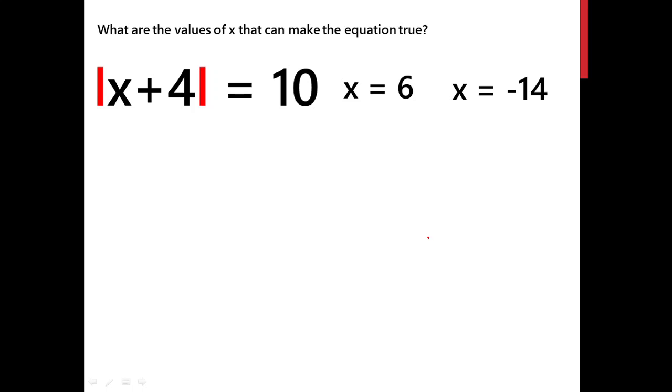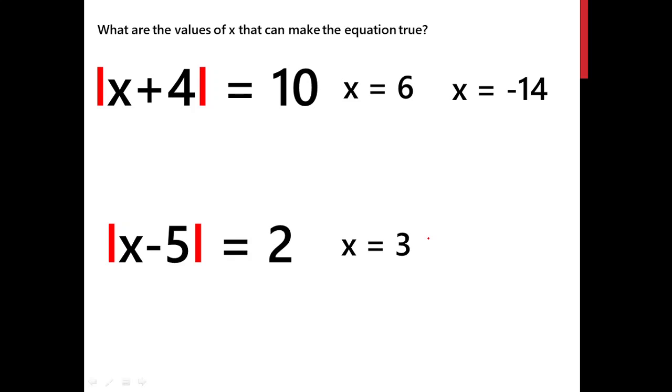Okay? Let's proceed to another example here. Go ahead and pause the video and try to solve this one mentally. What do you think will be the values of x to make our statement true? Do you have it? Is the first value equal to 3? Then you're correct.